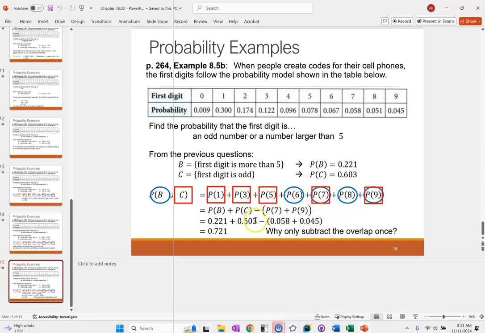So we'll see that next time when we fully develop this formula. But that's going to be the standard.